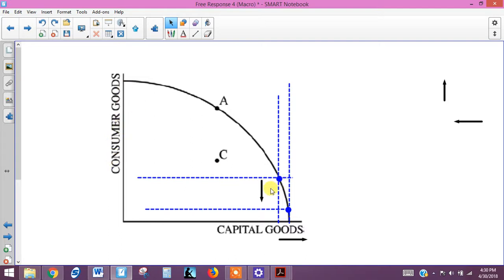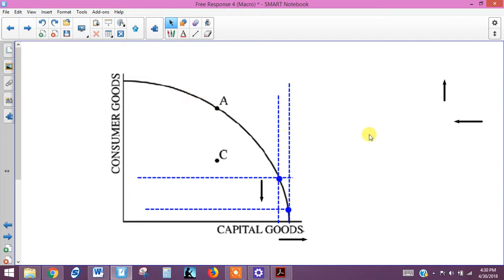So the opportunity cost, from this part of the curve right here to down here, the opportunity cost to produce more capital goods has drastically increased. So as we move along this curve and produce more and more capital goods, the opportunity cost in consumer goods is gradually increasing. Now, just the opposite is true going the other way.